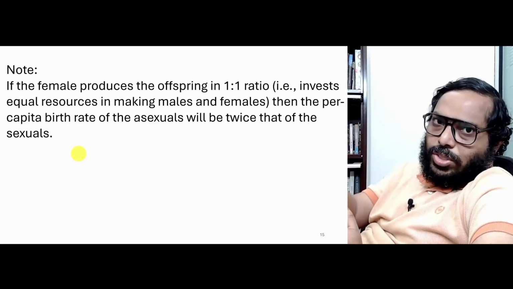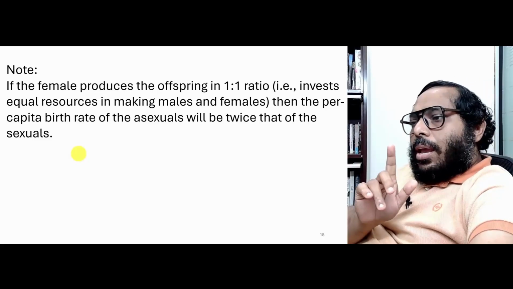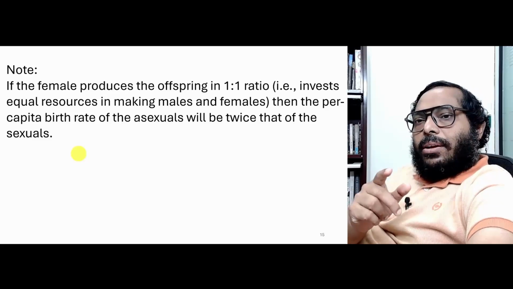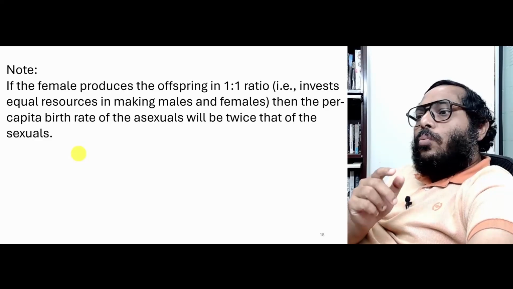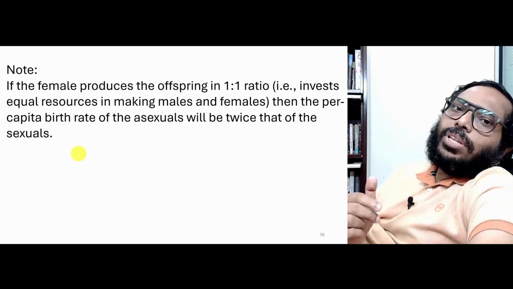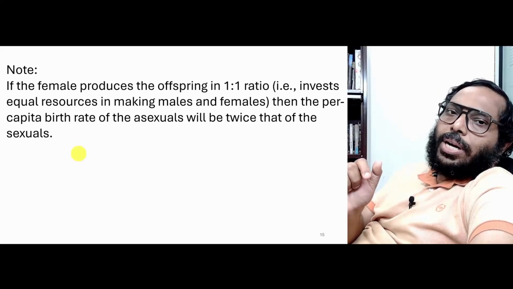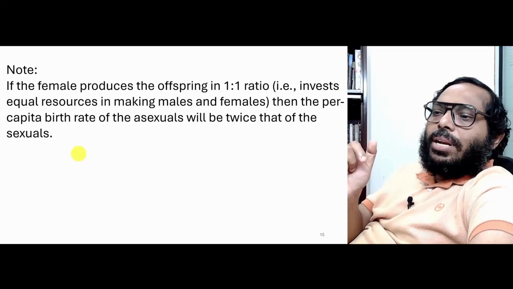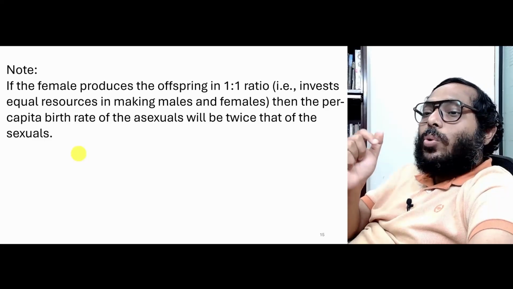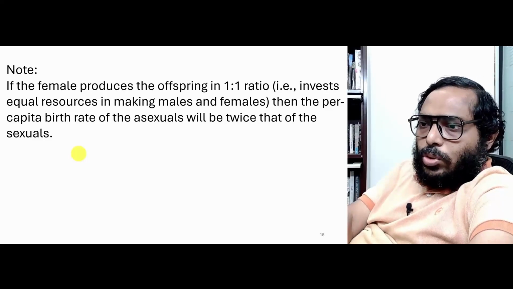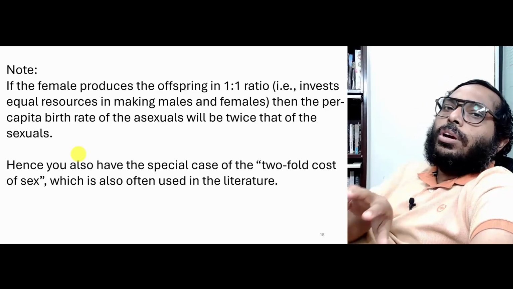That is what 1:1 ratio is all about. If that be the case, then the per capita birth rate of the asexuals will be twice that of the sexuals. From a population dynamics perspective, if you compute the birth rate of the models, the per capita birth rate of the asexuals will be twice that of the sexuals. And this is what is known as the twofold cost of sex.